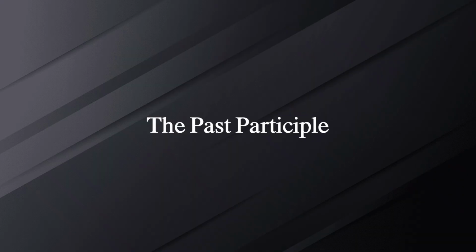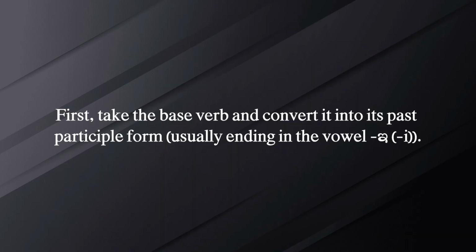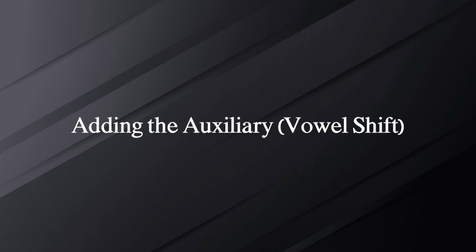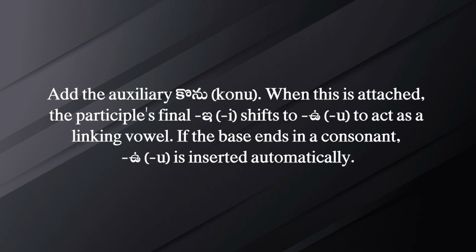Step 1, the past participle. First, take the base verb and convert it into its past participle form. Vandu becomes vandi, which means to cook. In step 2, adding the auxiliary. Add the auxiliary konu.